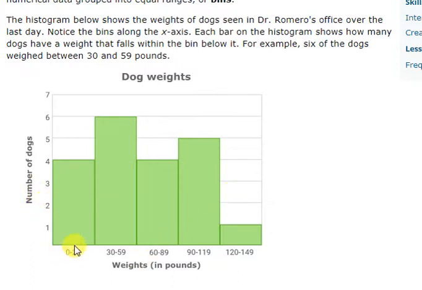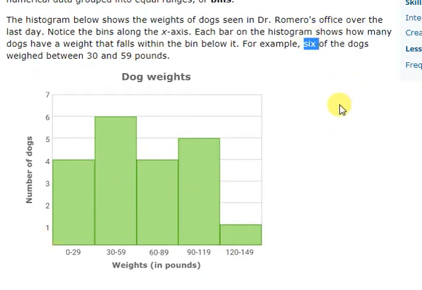So what we have to do is make ranges. For example, we will count all the dogs with weight from 0 kg to 29 kg in this bar, and all the dogs with weight 30 kg to 59 kg in this bar. In this way we have made different ranges, and now we can easily count.